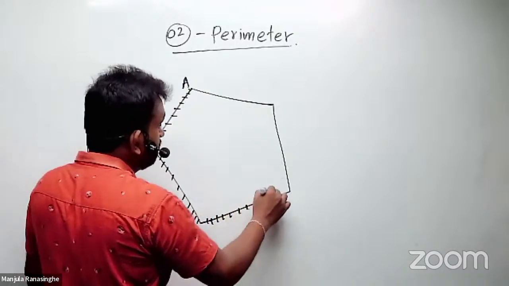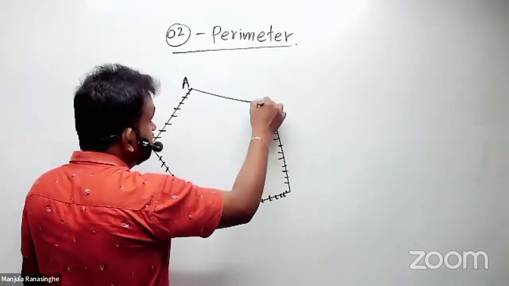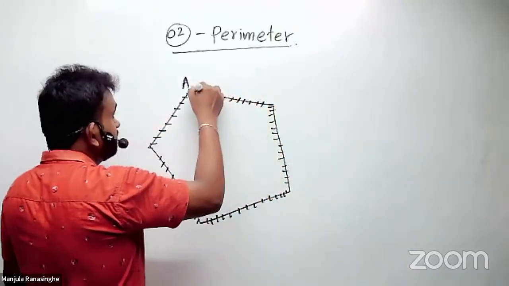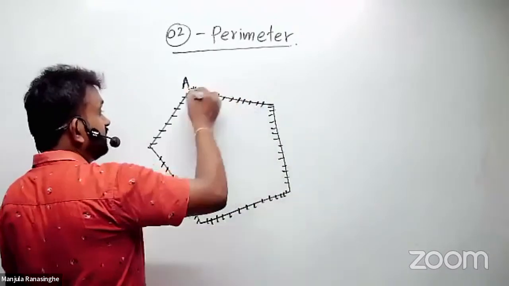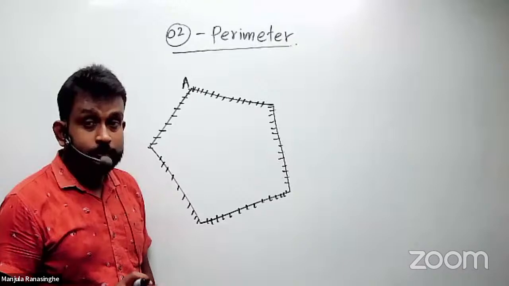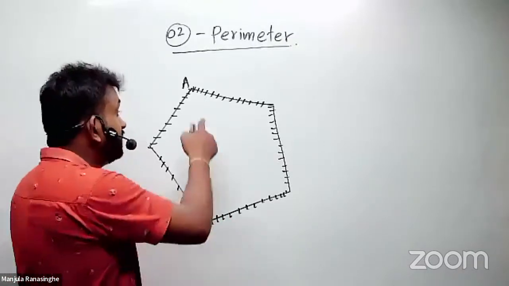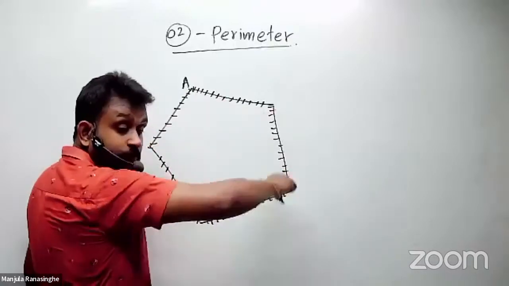These are all the external length. We have to add all these lengths together, enclosing the closed plane figure. So the basic idea is the sum of all the outer length.